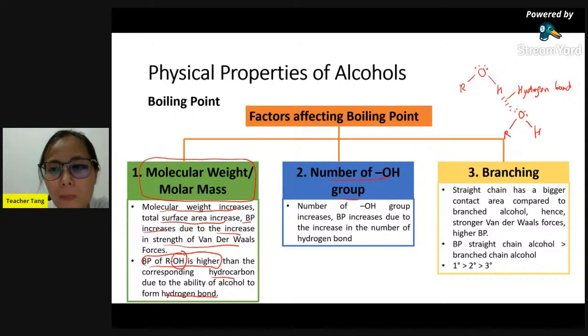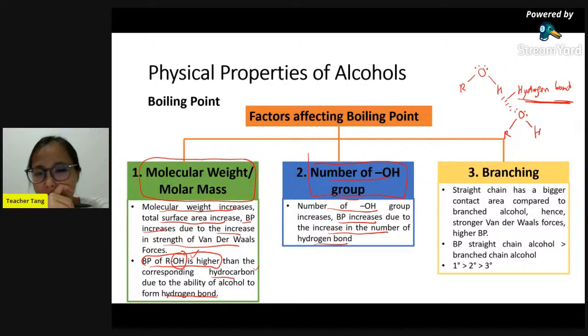Therefore, because alcohols can form hydrogen bonds, and hydrogen bond is stronger than the van der Waals forces, alcohol has higher boiling point than the hydrocarbon. And as the second factor, as the number of hydroxyl groups increases, more hydrogen bonds can be formed between the alcohol molecules. So when more hydrogen bonds can be formed, then higher will be the boiling point. It's about stronger hydrogen bonding between the molecules.